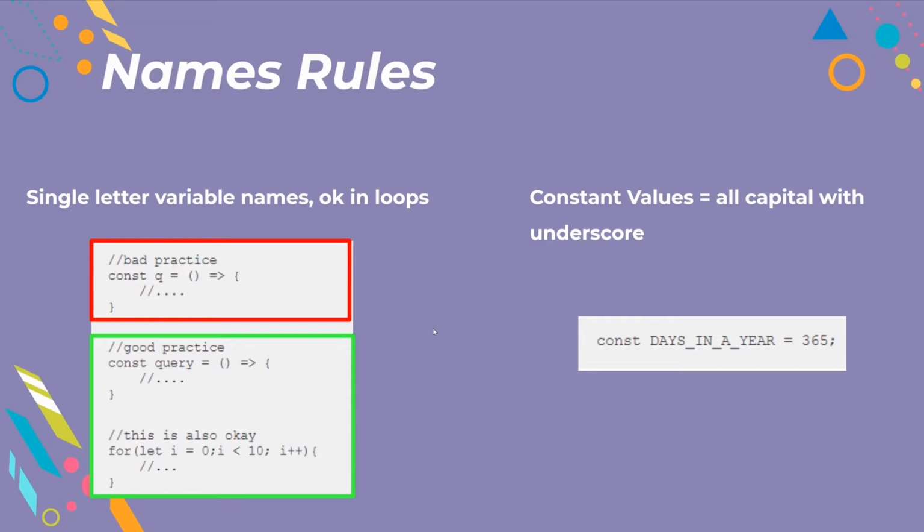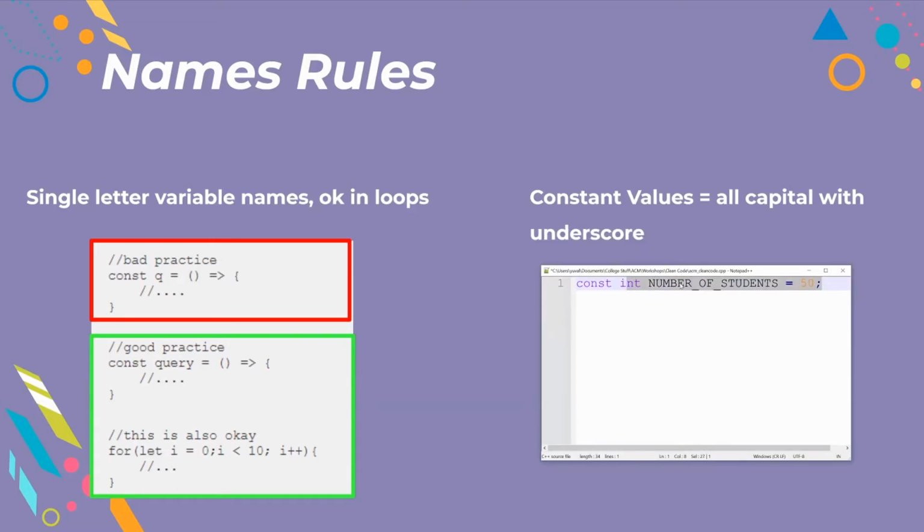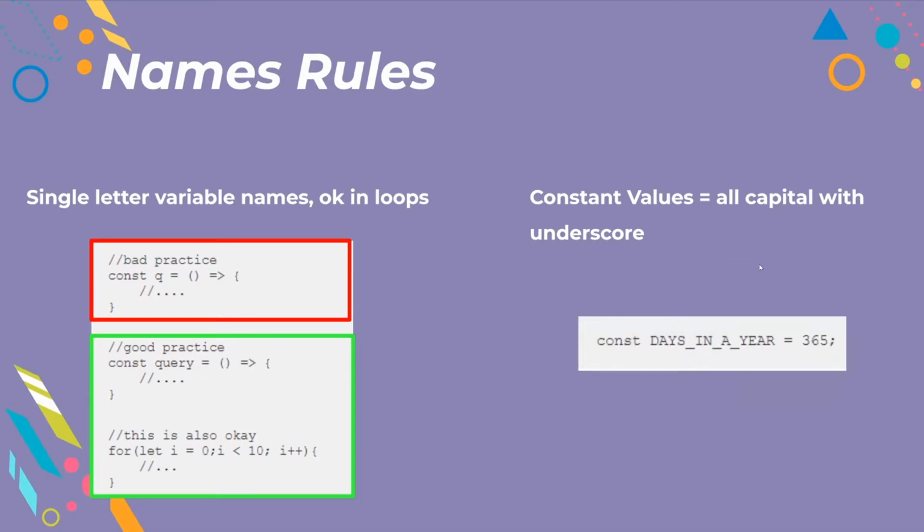You should want to use a more descriptive variable name, but in a loop, it's fine because a lot of times, if you have some kind of array and you want to access a certain element in the array, you would just use this one letter. So in that case, it makes sense, but otherwise you definitely don't want to use a single letter for a variable name.